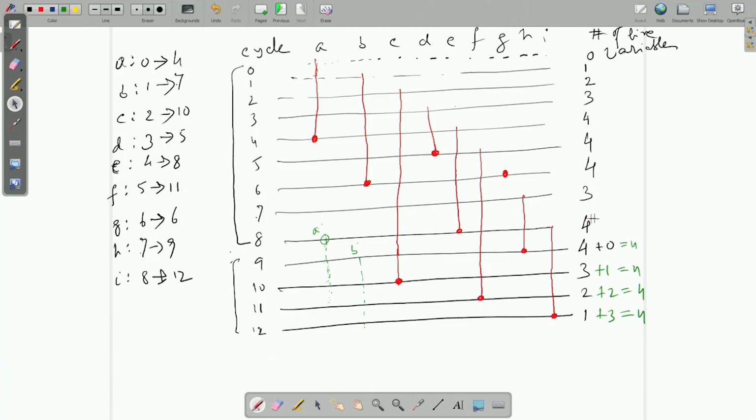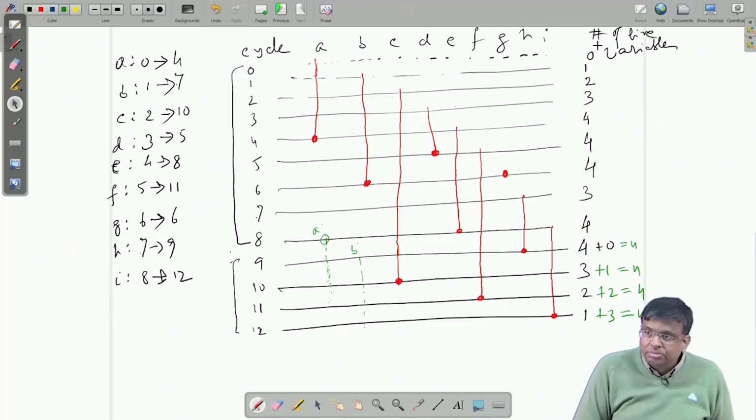So, 4, 4, 4, 4, 3, 4, 4, 4. So, you see maximum value is 4 here. That is, in any system cycle, maximum number of variables that are live, which are required to be stored, which are not yet consumed, that is 4. Therefore, if I am giving 4 delay registers, I can save them.